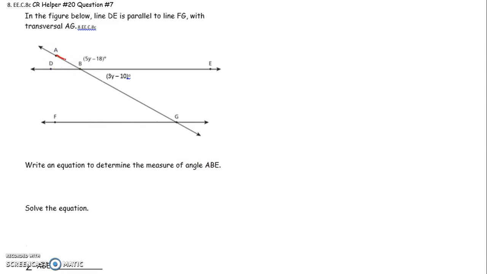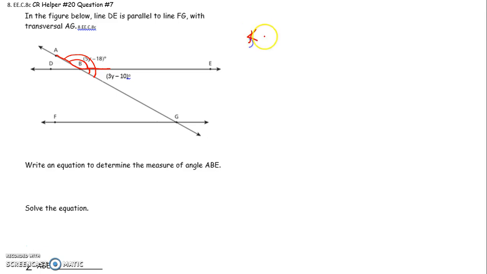A to B to E. So they want you to find this angle right here. And they give you this angle as being 5y minus 18 and the adjacent angle as being 3y minus 10. You need to see that these two angles together sweep out 180 degrees.